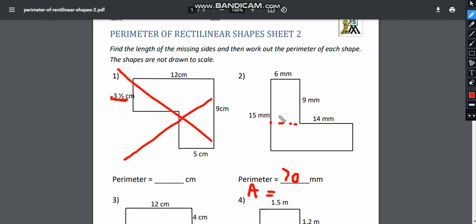So we need to get 2 rectangles here. One rectangle is going to be a 6 by 9. We'll call this area A, and area A is a 6 by 9 rectangle.